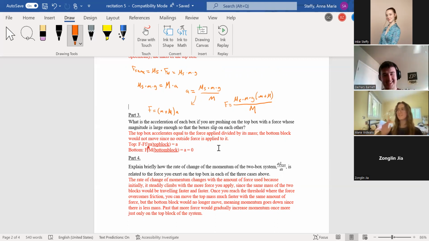Well, hold on. I don't know if this makes sense, but since the force of friction is moving in the negative x direction, oh wait, does that have any effect on the block below it? Could that be pushing the block slightly backwards? Or not pushing it backwards, but making it decelerate slightly?